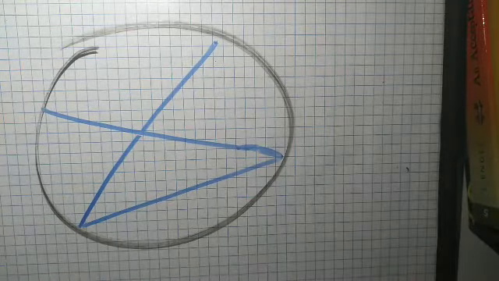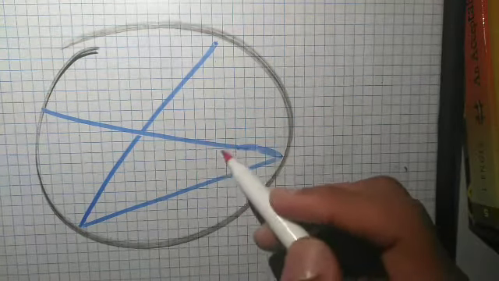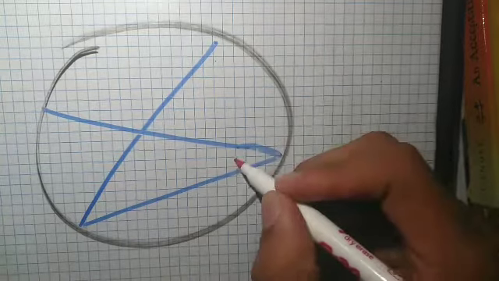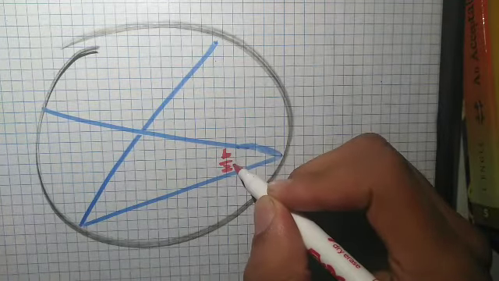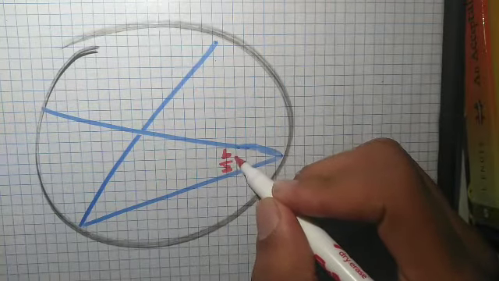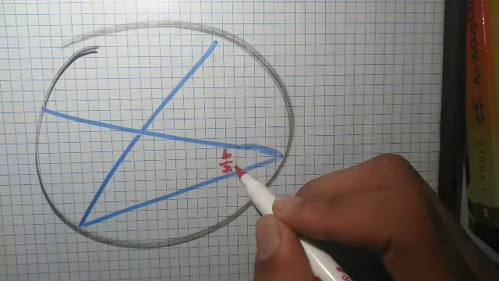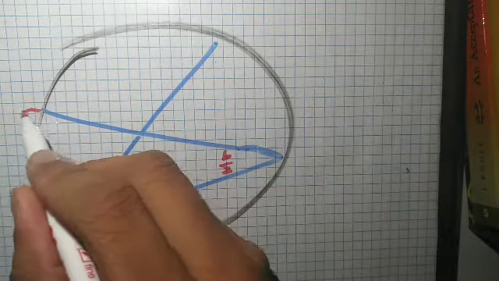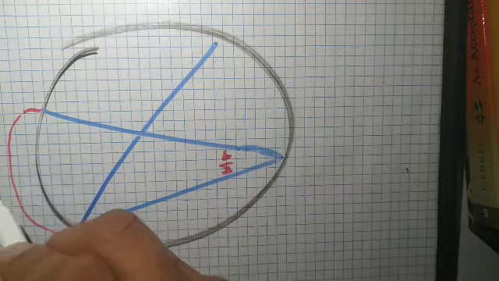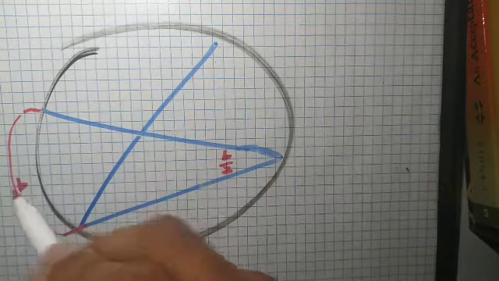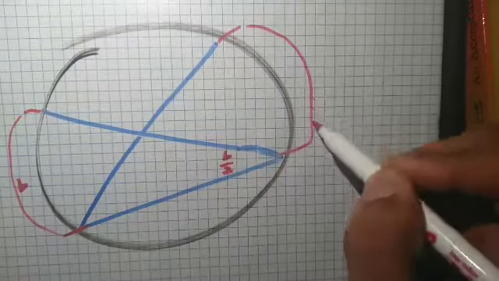Let's identify these inscribed angles really quickly. Let's call this one B over 2, because it's half of its arc, its arc being B. This one we'll call A.